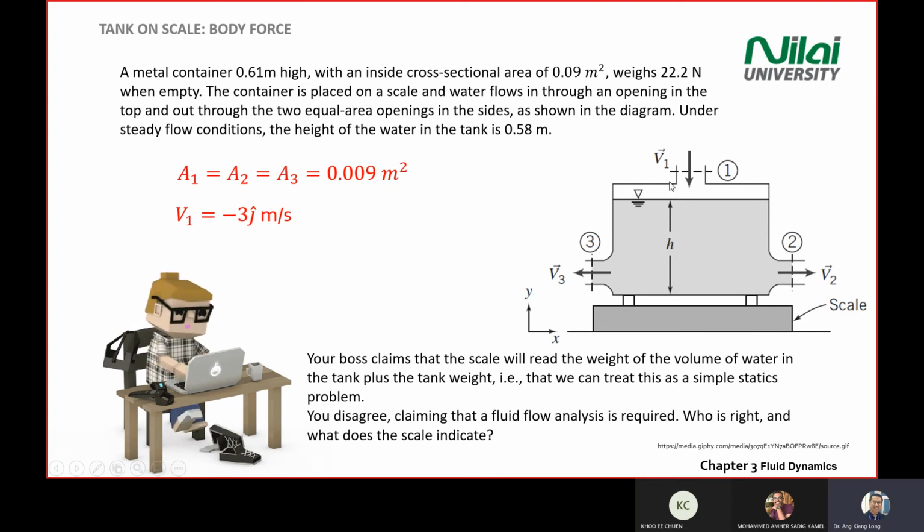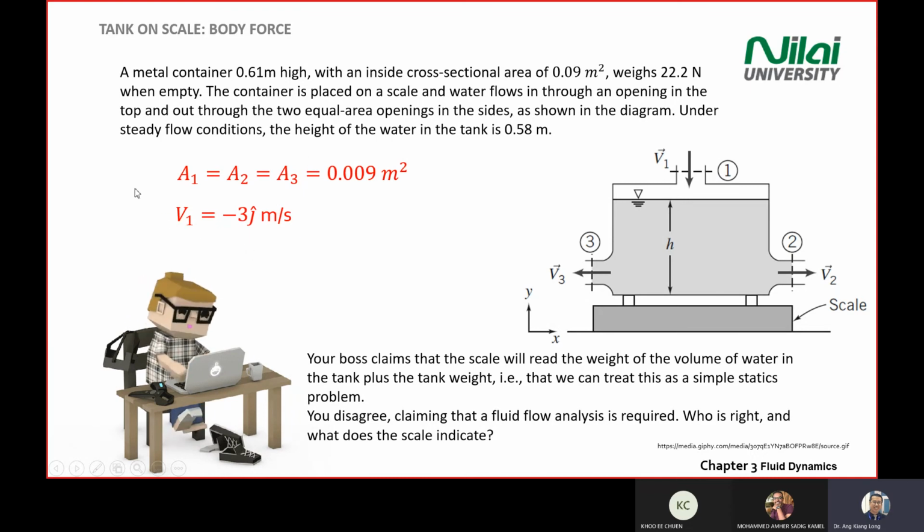The cross-section areas 1, 2, and 3 are given. The velocity is given: the velocity V1 is -3 meters per second. So the water is pumped into the water tank here with a speed of 3 meters per second.